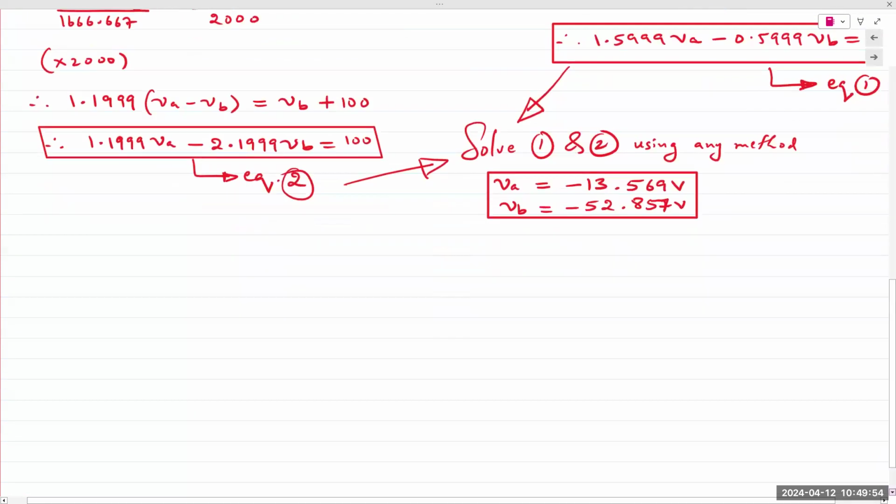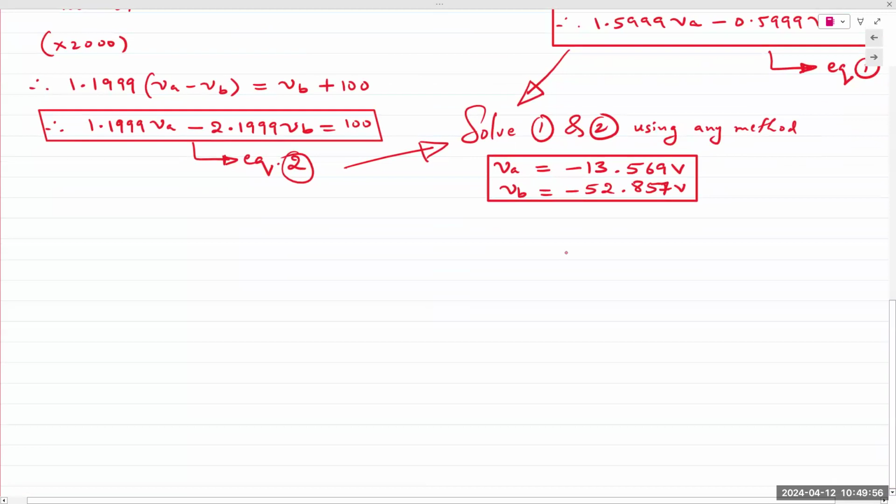Now, let's see what this means. C is my reference, both my voltages are minus. So all it means is that both these voltages are below sea level. They're underwater. If I draw a 2-dimensional graph and I plot the points, let's say C is 0 volts.